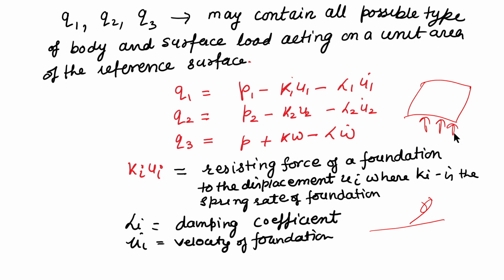The stiffness of that foundation, that resisting force, can be modeled as K1 U1, and at the same time some damping coefficients, some velocity-dependent dynamic terms, that viscosity. So, the damping coefficient and velocity of the foundation can also be modeled. So, Q1 can be of three types: P1 is purely mechanical pressure, this is the stiffness of the foundation, the resisting force basically, and this is due to the damping. In the same way we can write Q2 and Q3.